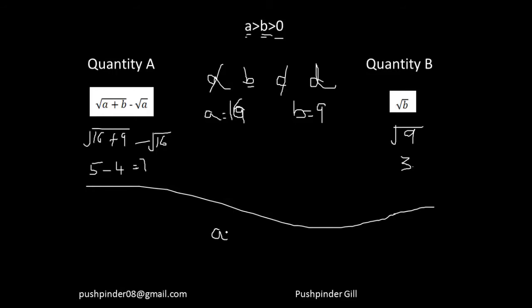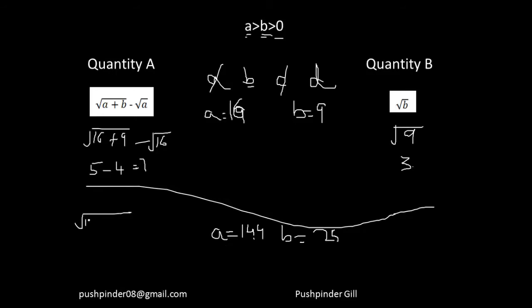Let's say 13, 12 and 5. So A is equal to 144, and B is equal to 25. So what does this value become?